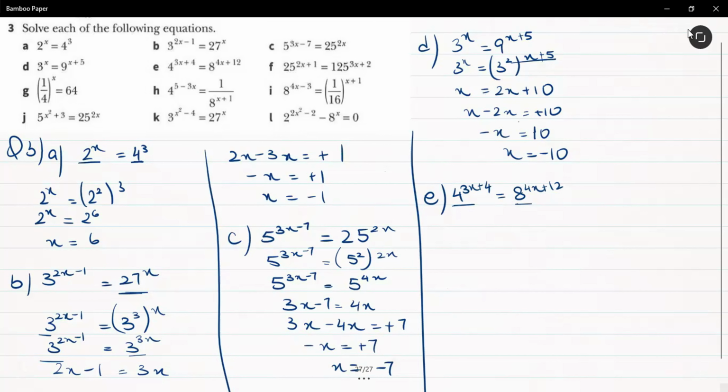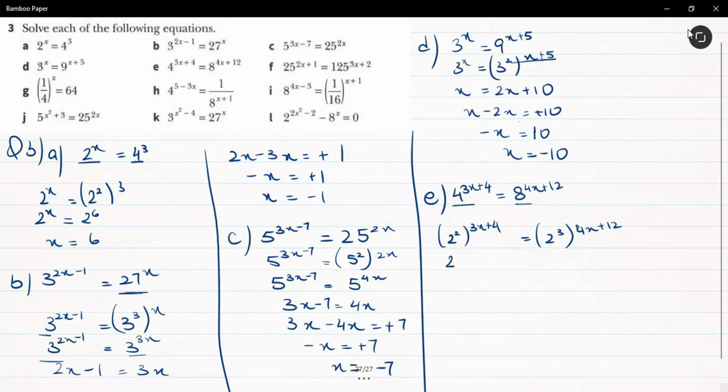Okay, so it's not about how to configure what value to put into this equation, but to bring everything to its simplest possible value. So 2 squared raised to the power 3x plus 4 is equal to 2 cubed raised to the power 4x plus 12.